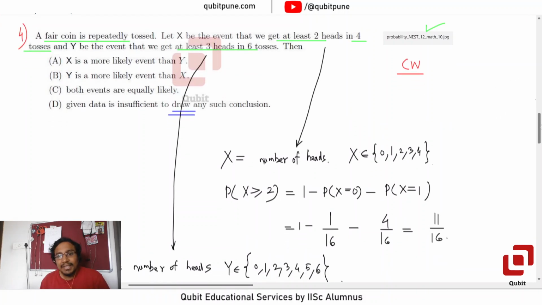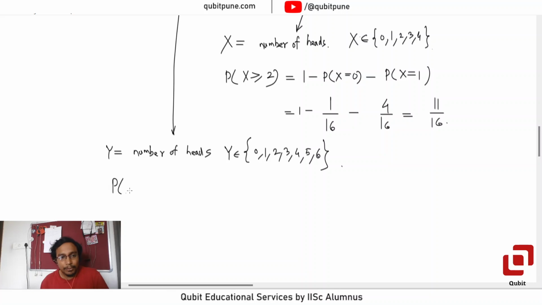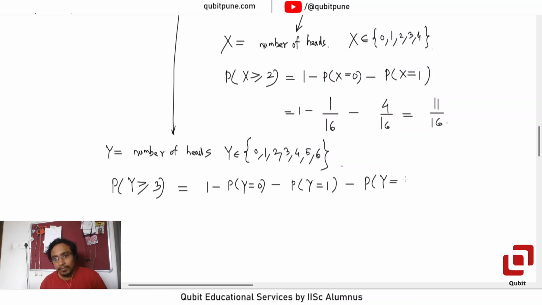Now at least 3 means what? We want the probability that y is greater than or equal to 3. It's easier to find the probability of this being 0, 1, 2.